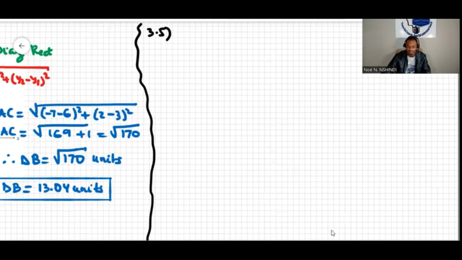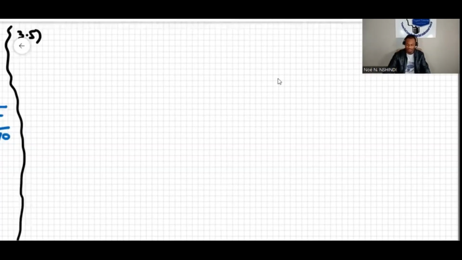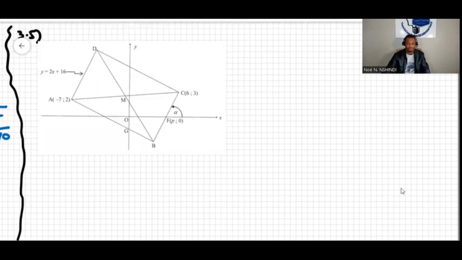I think I'm going to post the diagram over here. So the question says, calculate the size of alpha. So we're looking for the size of alpha now.